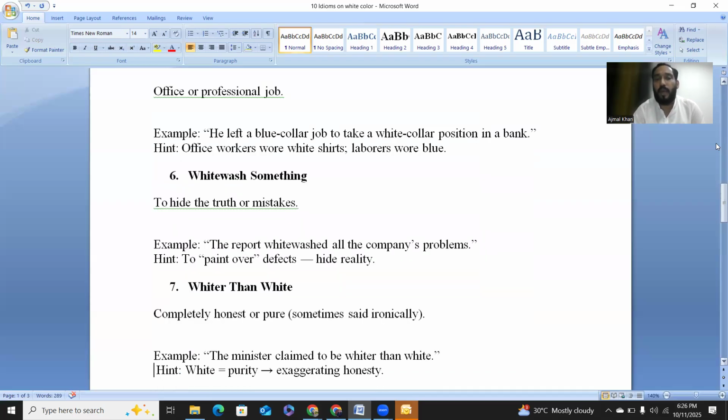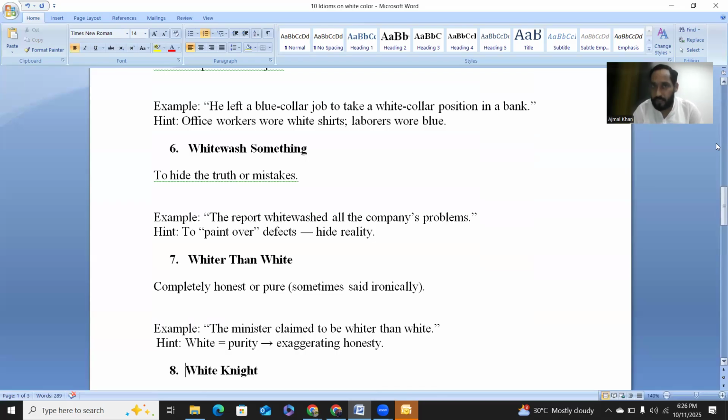And the next idiom on the color white is whiter than white. A very interesting idiom. It means completely honest, pure, something said ironically as well. White is already white, it cannot be whiter than white. So whiter than white is said ironically when someone is more honest, dead honest, more pure, more genuine.